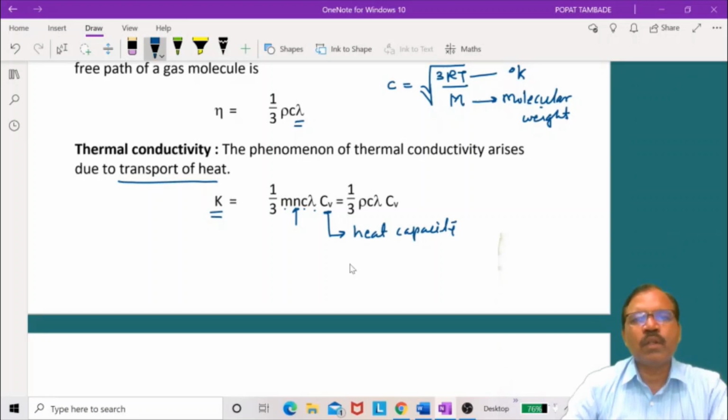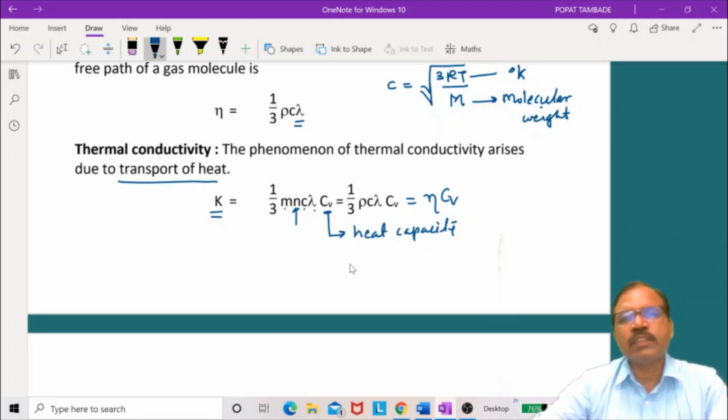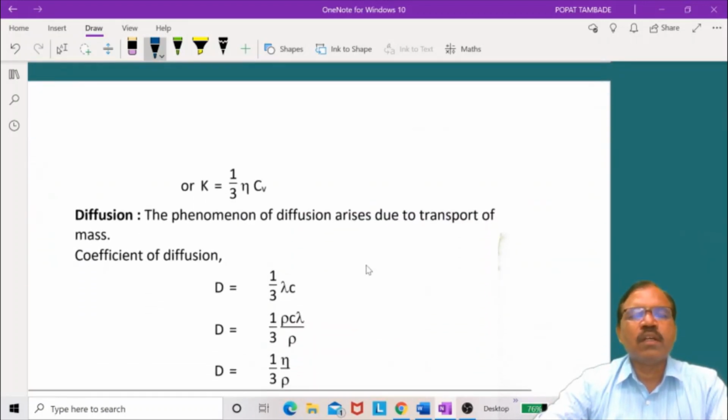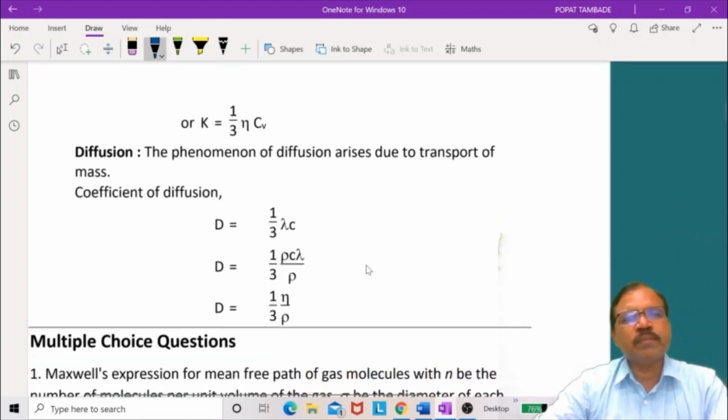It is also equal to 1/3 rho c lambda Cv, and we can write this as eta into Cv also, where eta is coefficient of viscosity. So K is equal to eta into Cv.